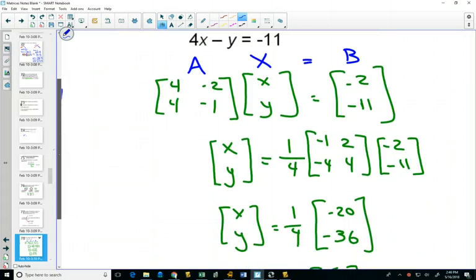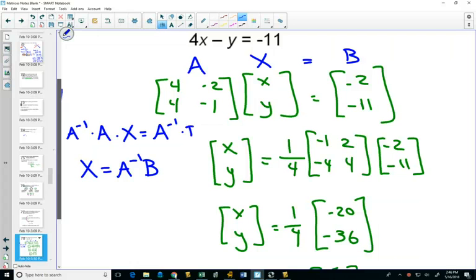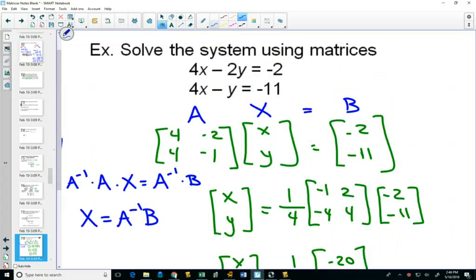I kind of skipped a step here in that this step is saying X is equal to A inverse B. Because the step I didn't want to write was A inverse times A times X is equal to A inverse times B. Adding this A inverse on both sides. If I multiply an A inverse in front of one side and an A inverse in front of the other side, that keeps it true.